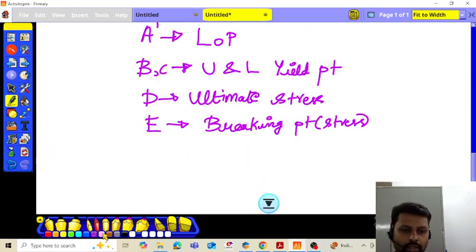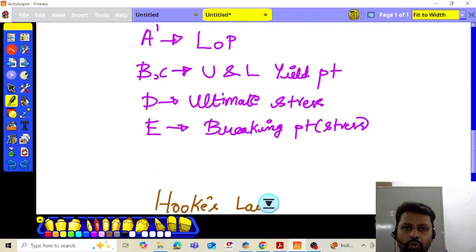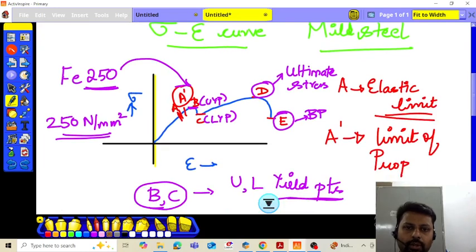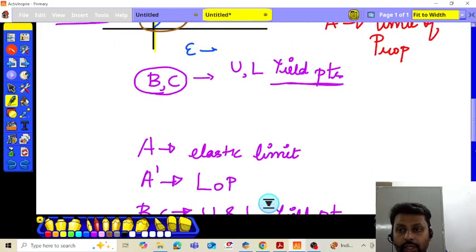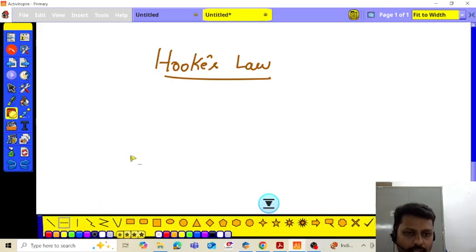And with that I will also take another rule which we will be using in this course, called Hooke's law. If I go back to this point and take just this portion within the elastic limit, and draw a stress strain curve, I'll just use a line because that will be easier for us.